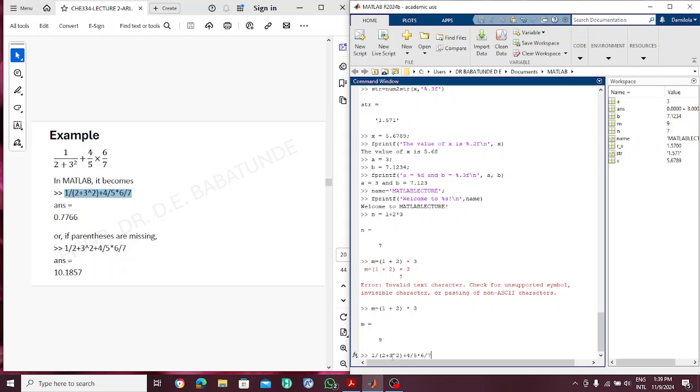That's fine. If you like, you can include some parentheses at some point, but for this case it actually does not matter. So let me remove them and let's fetch the value.